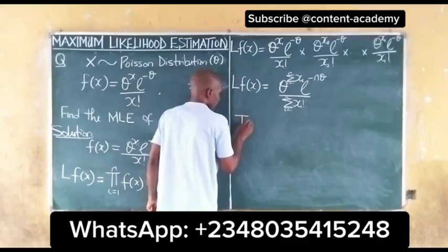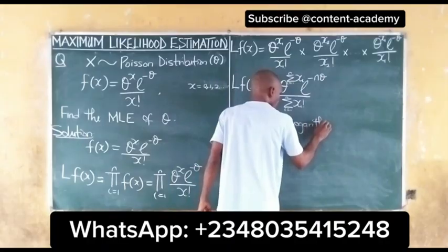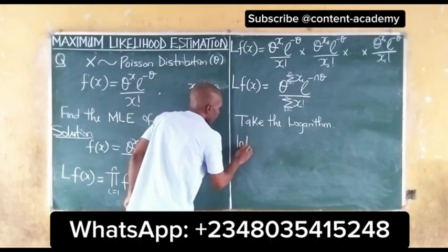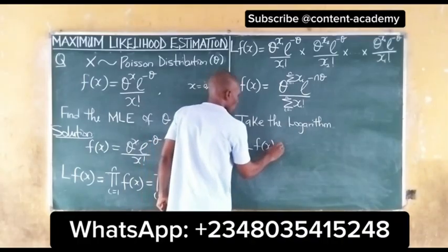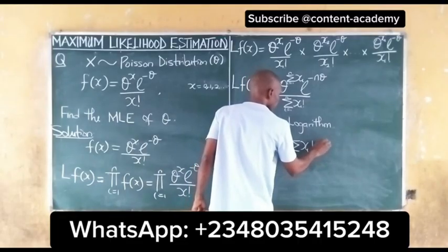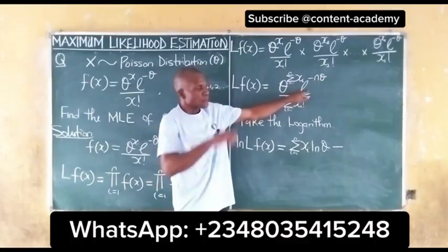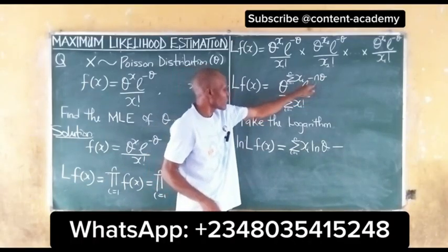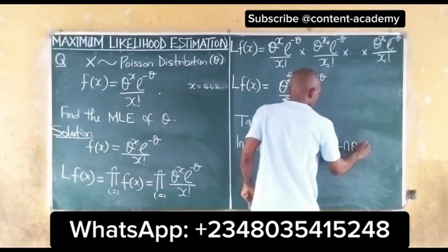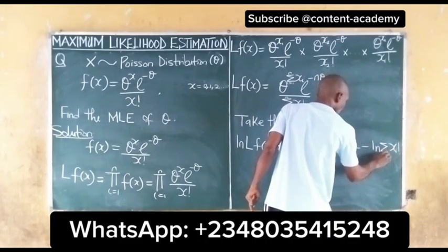So taking the log, we can write our log likelihood function as: summation of xi times log theta, i from 1 to n, minus, if you take the log of an exponent, the exponent will come down, so we write n theta, minus the log of the product of xi factorial, i from 1 to n.